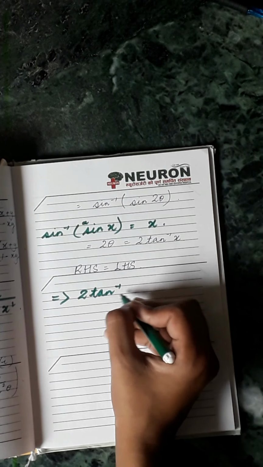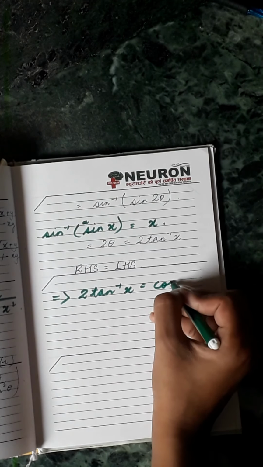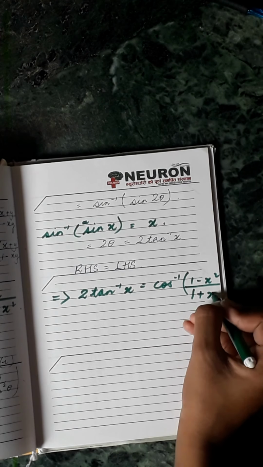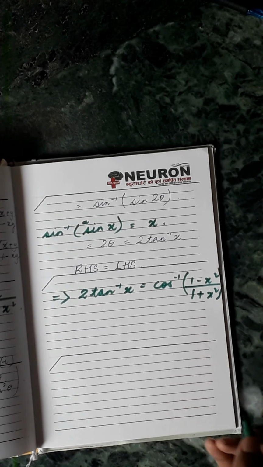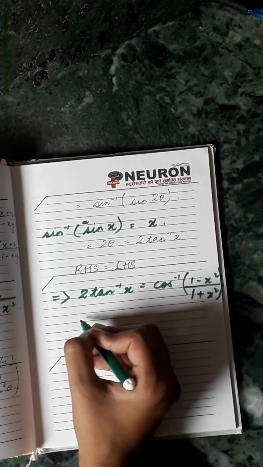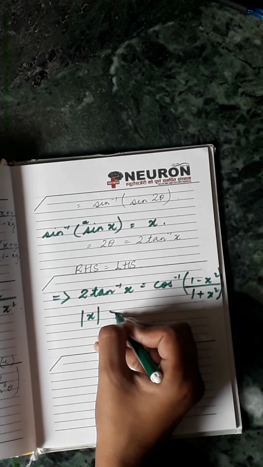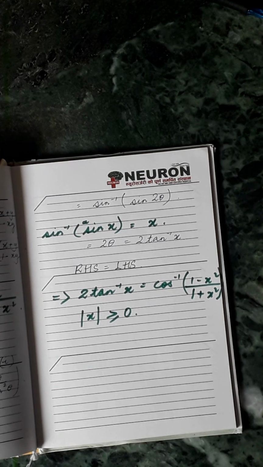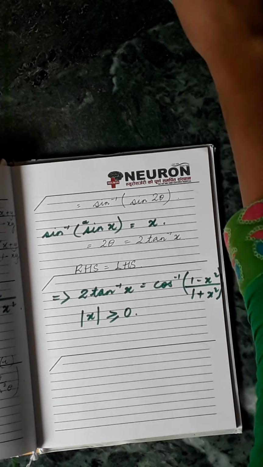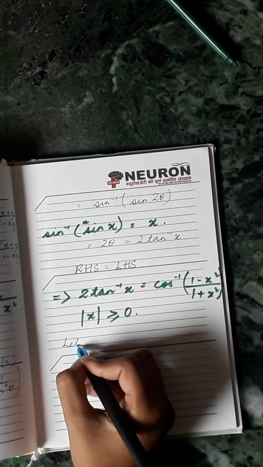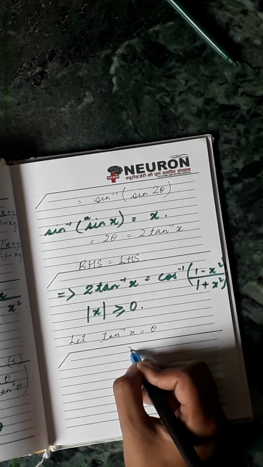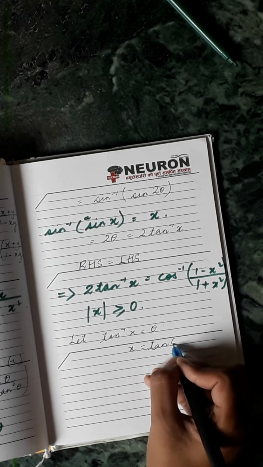Let's take up the other property. So here, what is the range of values for x? It is mod of x should be greater than or equal to 0. So let's try it. First step is you have to let tan inverse x is equal to theta. x is equal to tan theta.